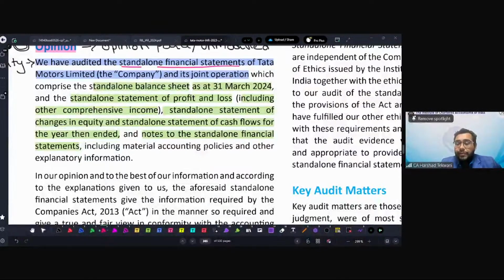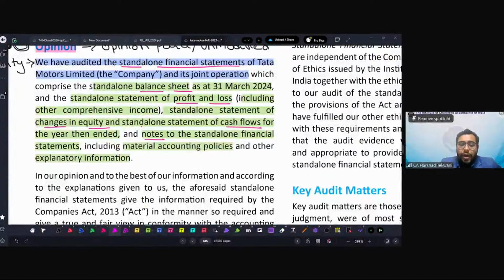They have specified the title of each standalone financial statement, that is your balance sheet, P&L, statement of changes in equity, cash flow. Then they have referred to the notes, then to the material accounting policies and other explanatory information.